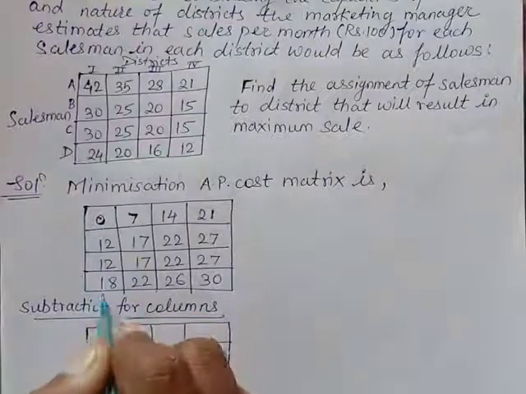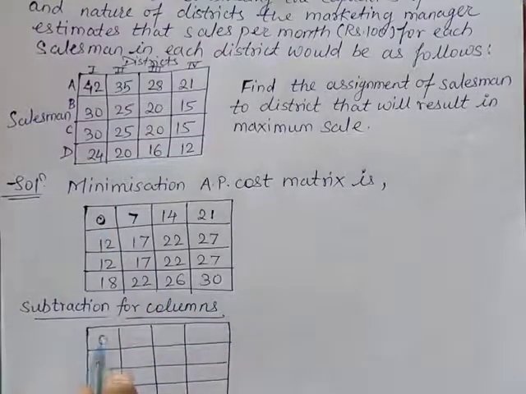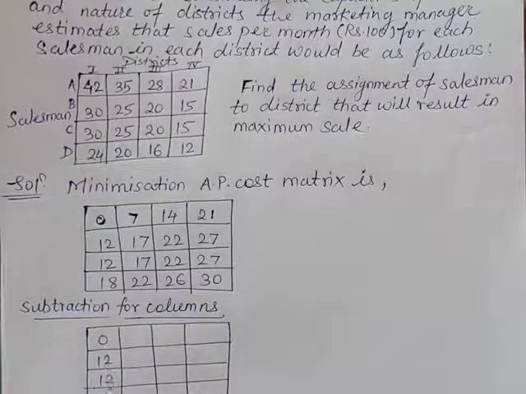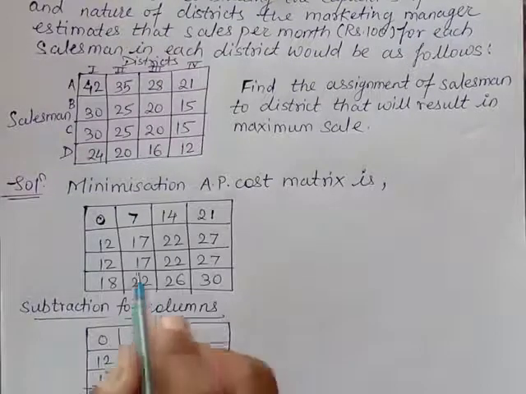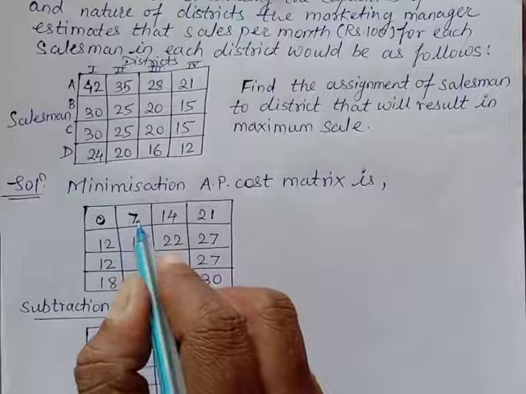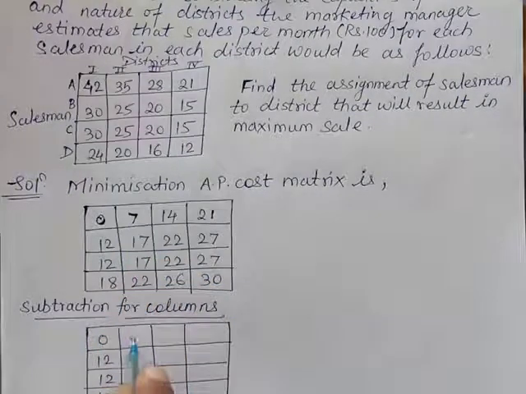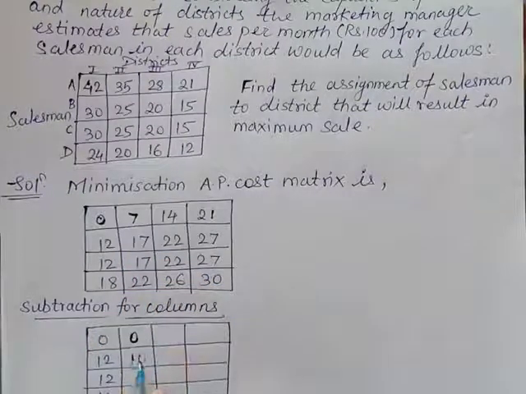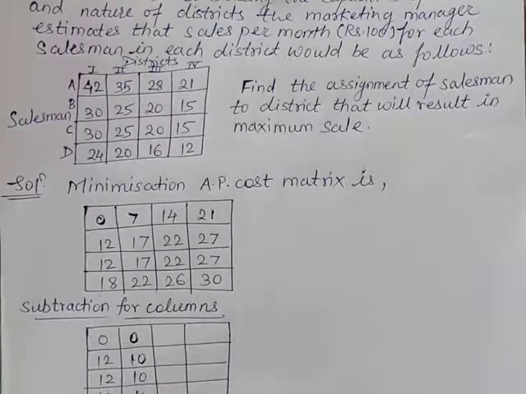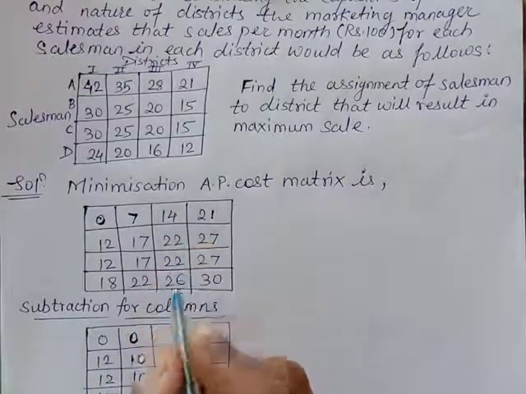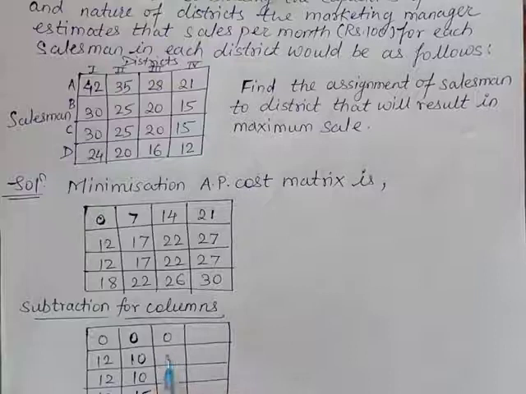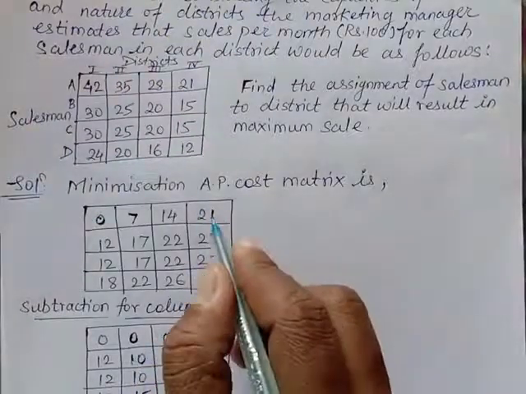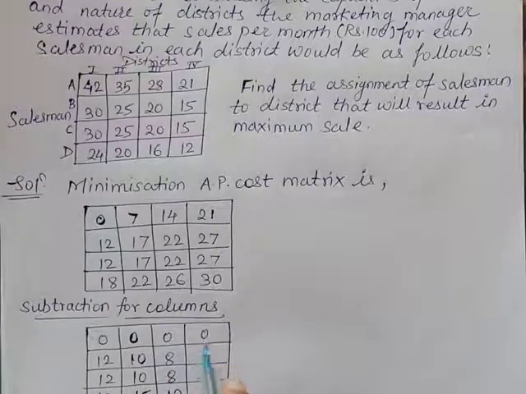The first column remains the same because the minimum is 0 here, so 0, 12, 12, 18 as it is. Now the second column has the minimum element 7, so we subtract 7 everywhere: 7, 10, 10 and 15. The minimum in the third column is 14, so 0, 8, 8 and 12. Again the minimum is 21 here, so 0, 6, 6 and 9.